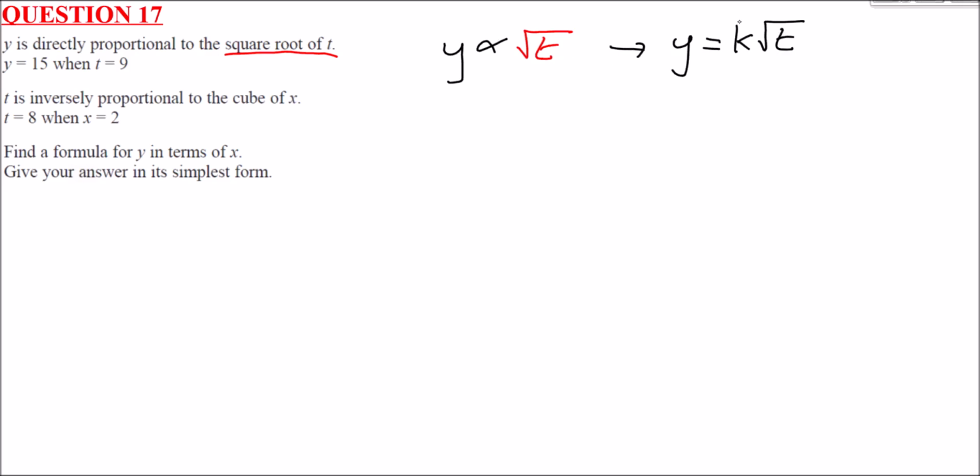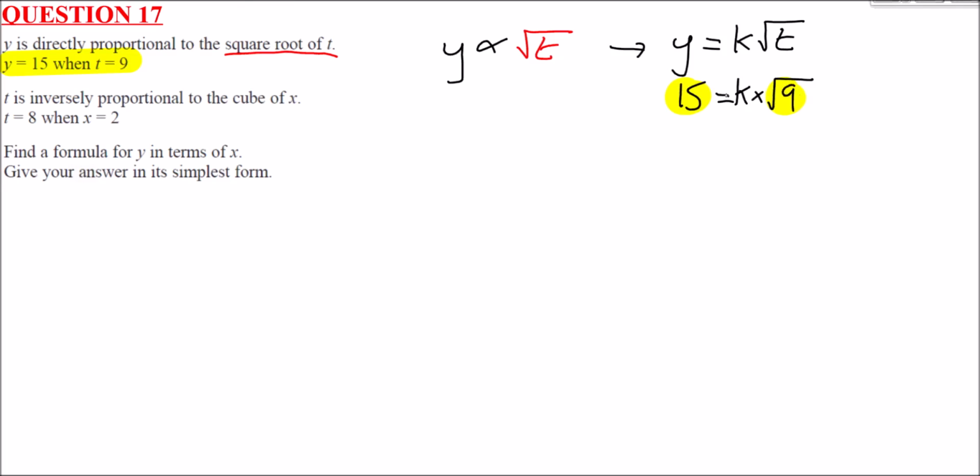Next, we need to substitute in some values. We're told here that when y is 15, t is 9. So if we sub in these values for y and t respectively, 15, which is y, equals some constant k multiplied by the square root of t, which we're told is 9.